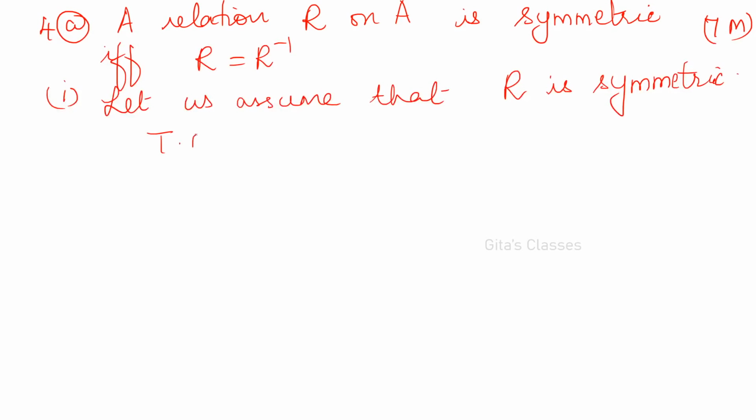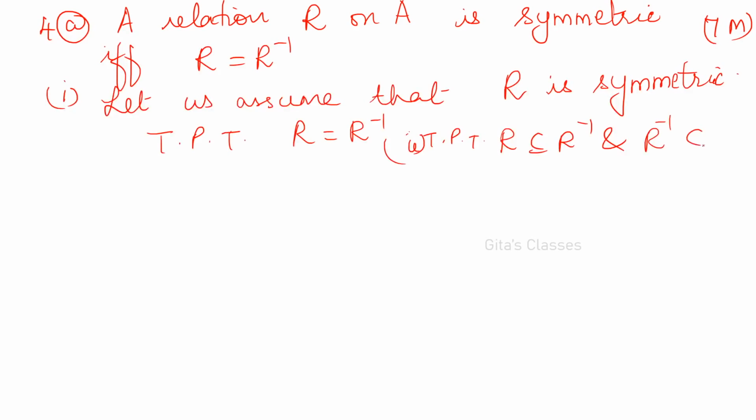To prove that R is equal to R inverse, what we are going to prove is R is a subset of R inverse and R inverse is a subset of R. Then both of them will become equal.